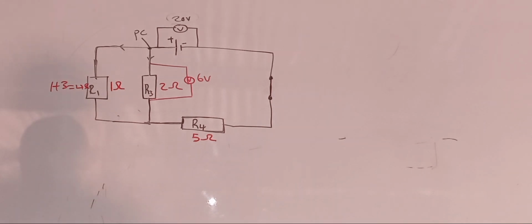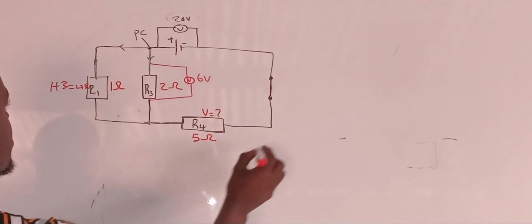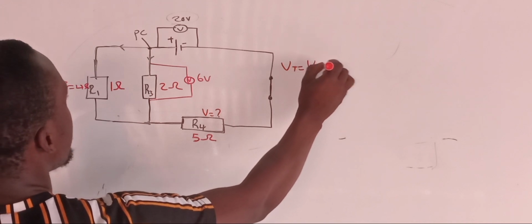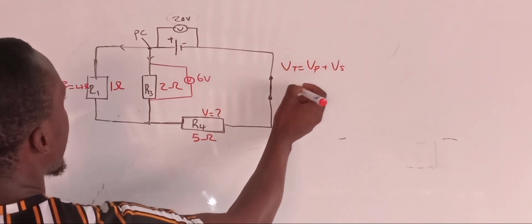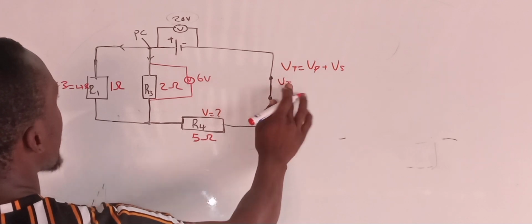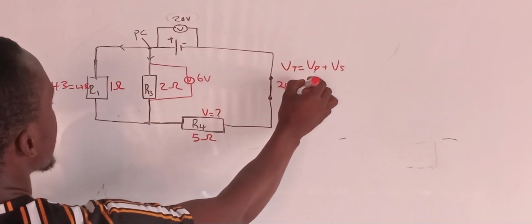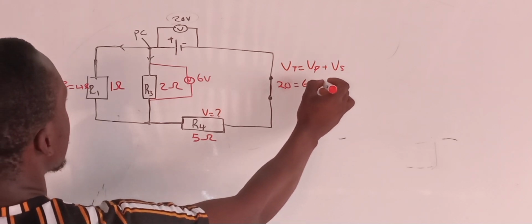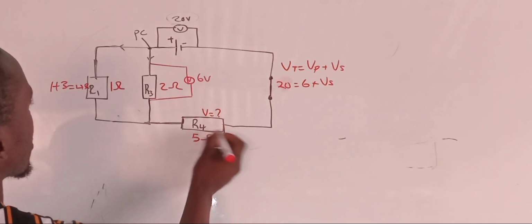Let me say you are asked to calculate Vx across the 5 ohm resistor. This is the formula that we're going to use. V total equals Vp plus Vs, which is V parallel and V series. We have the V total, which is 20, equals Vp, which is 6, plus Vs, which we don't know, that's why we are calculating.